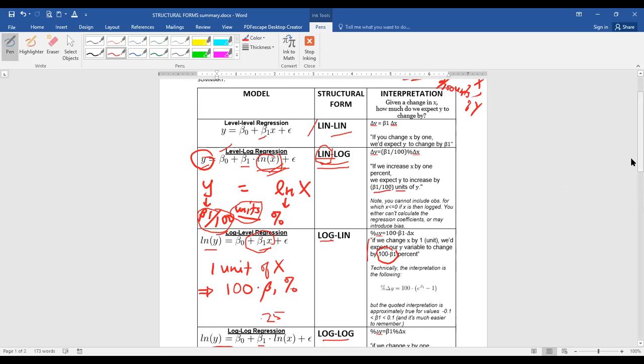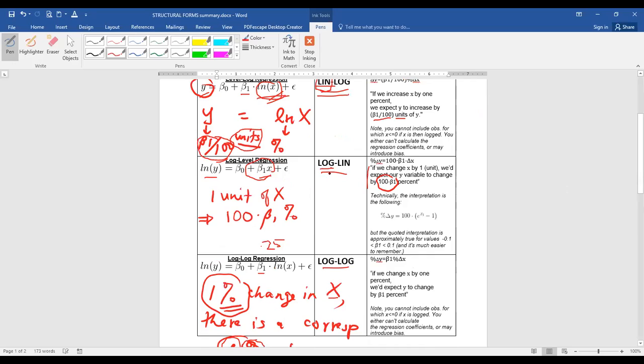Alright, and lastly, guys, itong log-lin natin, kung sino man yung log, i-interpret natin yan as percentage, di ba? Si X dito is level lang. So, ang pagbasa natin sa kanya, for every 1 unit change in X, there's a corresponding, si Y naman, ang basa natin sa kanya, percent, andyan pa rin si beta 1, pero i-adjust natin by multiplying it by 100.